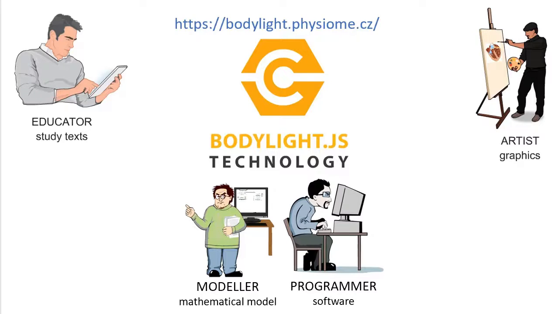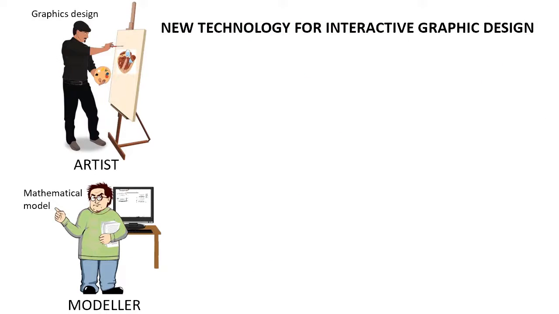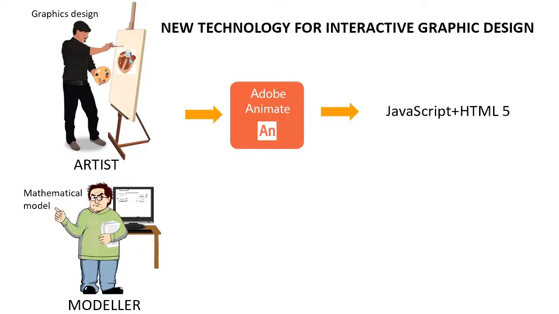This technology is based on new standards and new technologies that have been adopted in recent years. The artist creates interactive animations using software tools for creating interactive graphics, such as Adobe Animate. The result is an animated image made in JavaScript and HTML5.